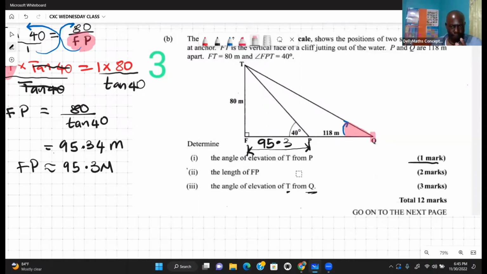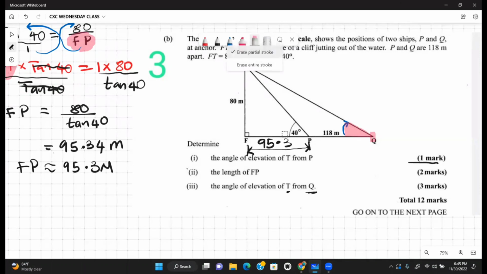We have PQ, 118 and 95.3. All right, but what are you saying about it? That's two different sides, or what? What are you going to do with that? Sir, we subtract to get PQ, sir.